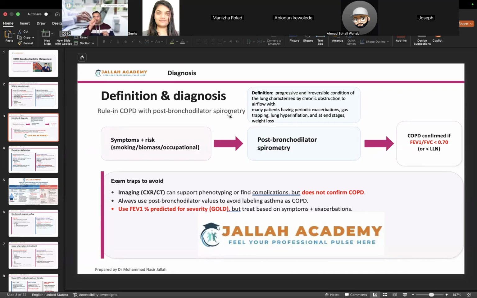And it's commonly used in the medical area, by healthcare providers. There is a fine trick between FEV1 and other techniques, which I'm going to explain, that you need to be very careful in terms of wording of the question. But treat based on the symptom and exacerbation.